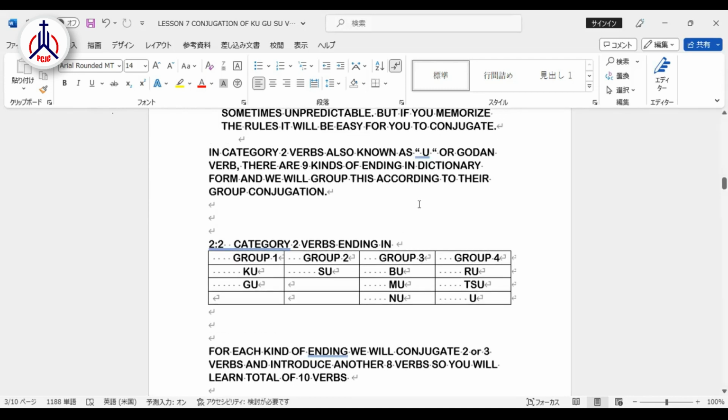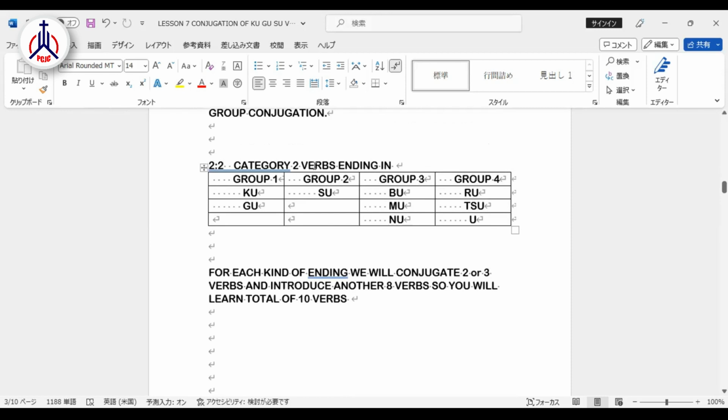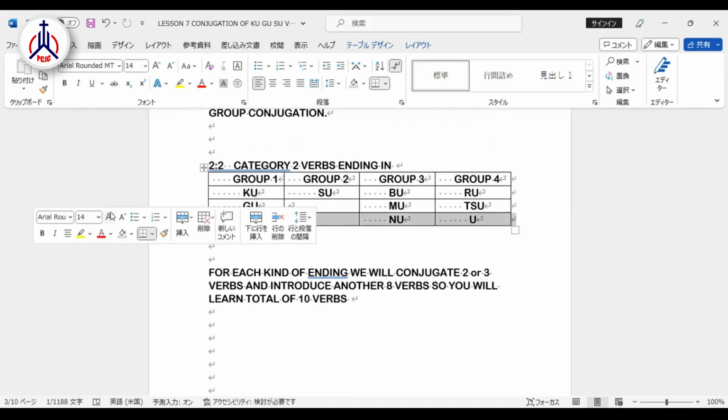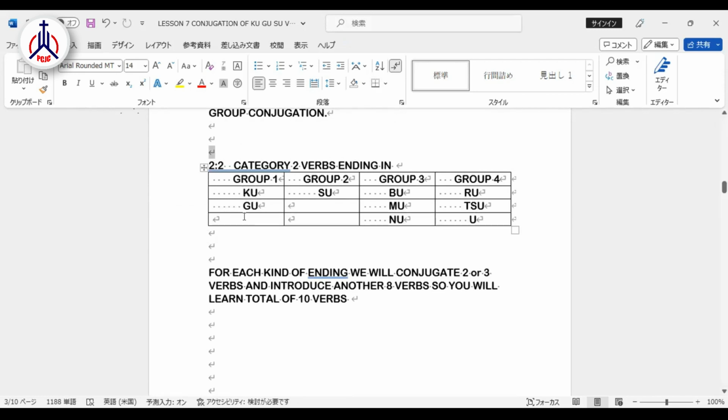Okay? So in category 2, I group the verbs by ending. In group 1, we have the verbs ending in ku and gu. In group 2, we have verbs ending in su. In group 3, we have verbs ending in bu, mu, and nu.